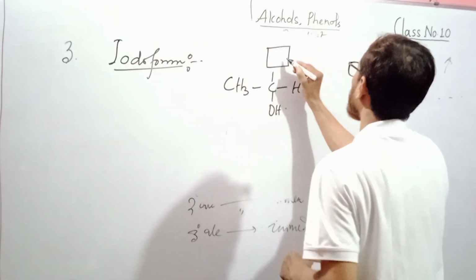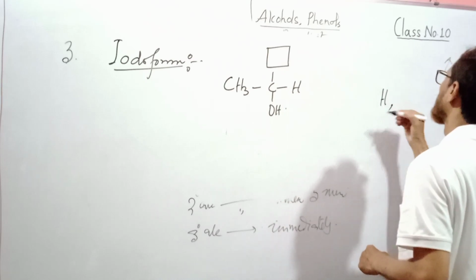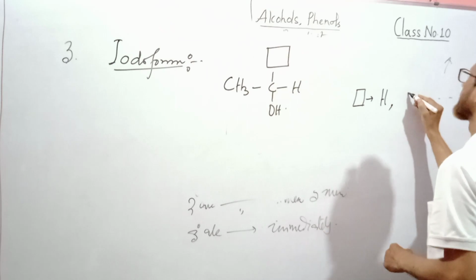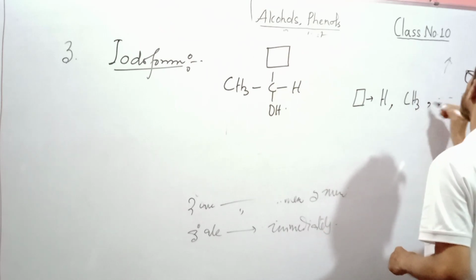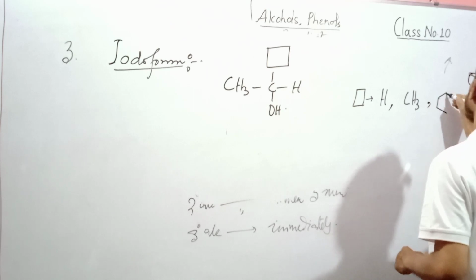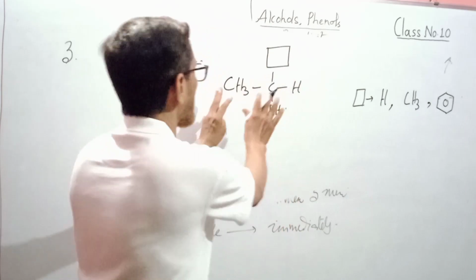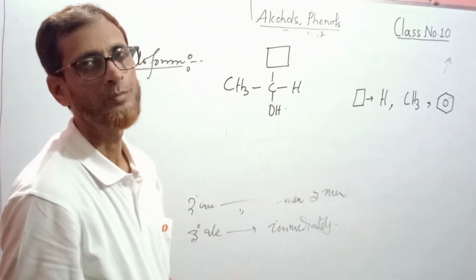In the box, if you place H, or if you place CH3, or if you place a benzene ring, phenyl group, whatever the structure it will be, it will respond to the iodoform reaction.